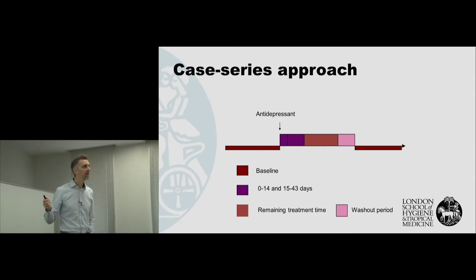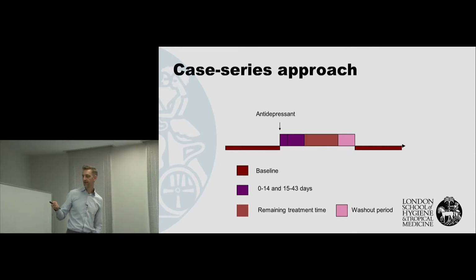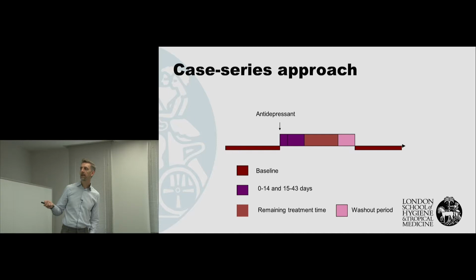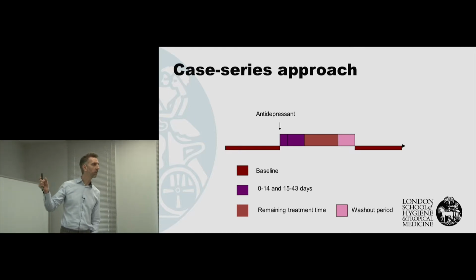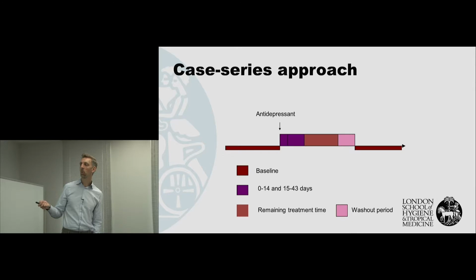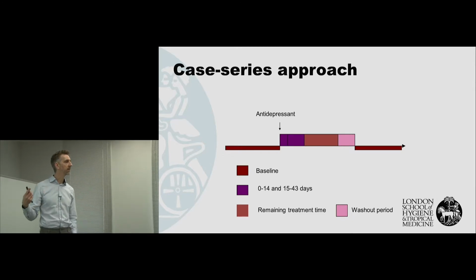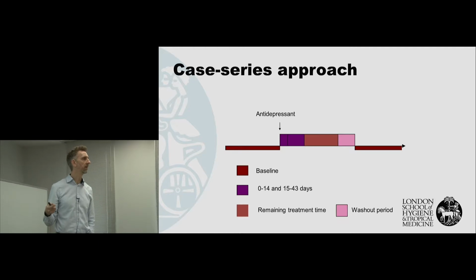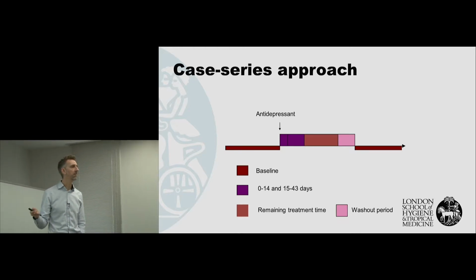For the self-controlled case series, this was the design. They had again, in red, the baseline time, both before and after any treatment. They then broke down the high-risk period into several shorter time windows: the first 14 days, 15 to 43 days, the rest of the treatment period while they were receiving prescriptions, and then a short washout period after we think the patient had stopped receiving treatment, just to separate that time out from the baseline.